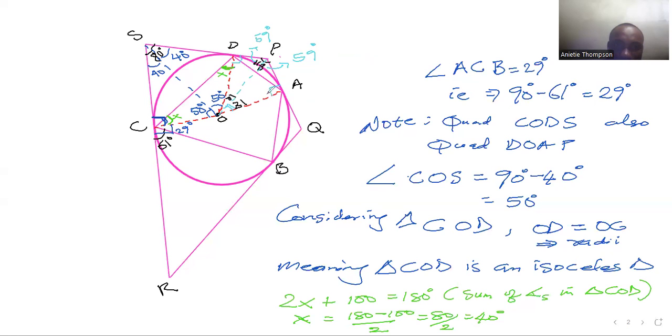Similarly, it will be possible for us to find this other isosceles triangle.